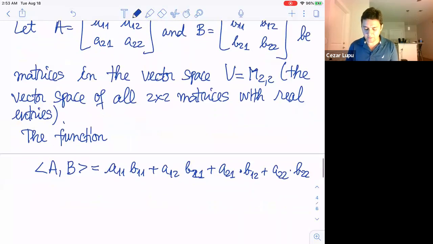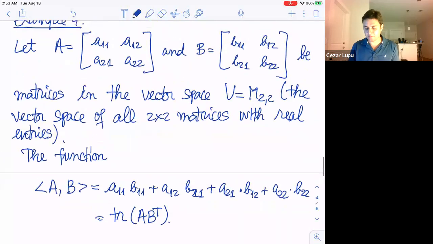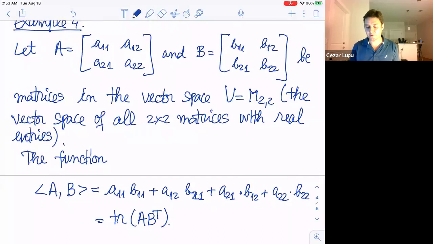In other words, if you look at this, this is nothing else than the trace of A times B transpose. If you multiply A and B transpose, and you take the trace, you will get exactly this.